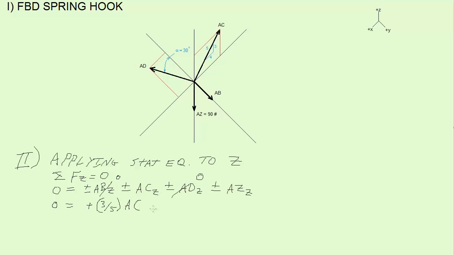Next is AZ's Z component. AZ is a negative AZ. It's the full value of the vector.